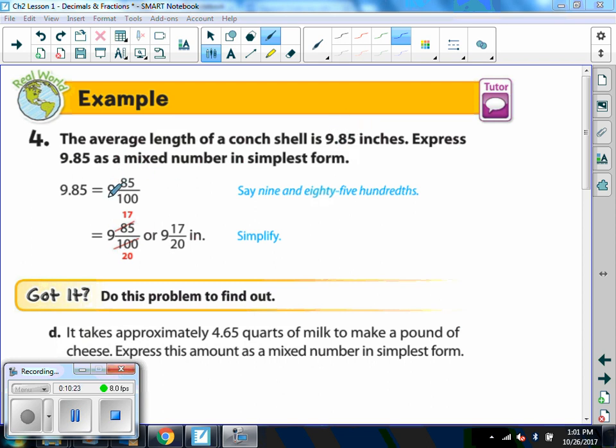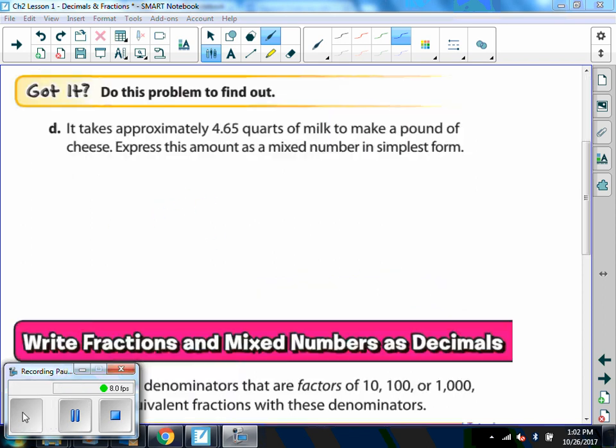So here, let's do this. Got it. It says it takes approximately 4.65 quarts of milk to make a pound of cheese. Express this amount as a mixed number in simplest form. So we want to express 4.65 quarts as a mixed number. So when we read this correctly, we read 4 and what? 65 hundredths.